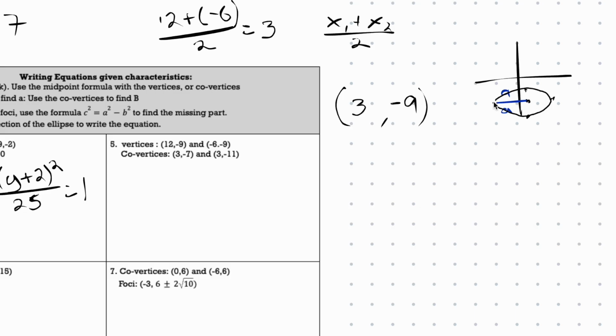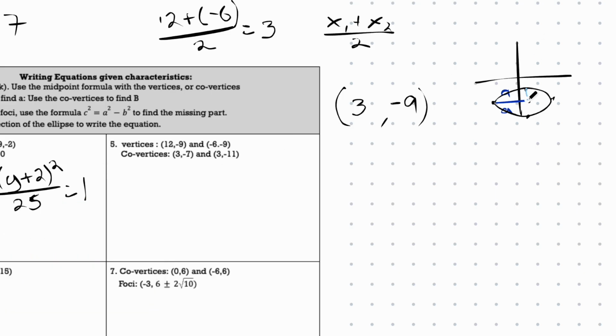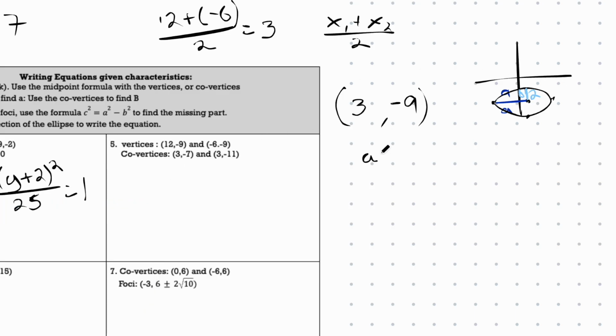Gets kind of messy. But essentially, we end up finding this length, which is our b value. Sorry, this is super messy, but that's just going to be 2. And so we got a equals 9, b equals 2.